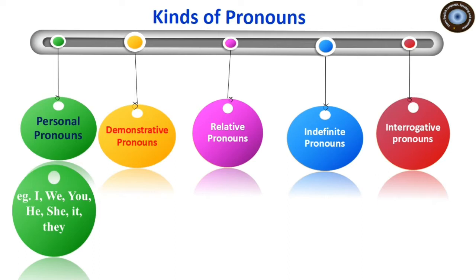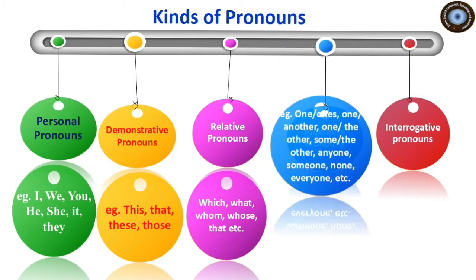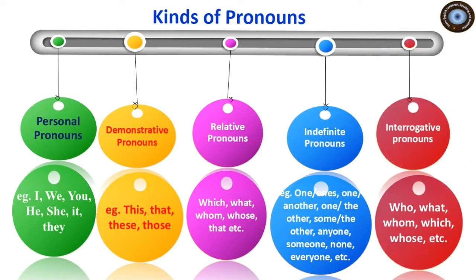Then relative pronouns: which, what, whom, whose, that, etc. Indefinite pronouns are one or ones, one another, one the other, some the other, anyone, someone, none, everyone, etc. Then we have interrogative pronouns: who, what, whom, which, whose, etc.